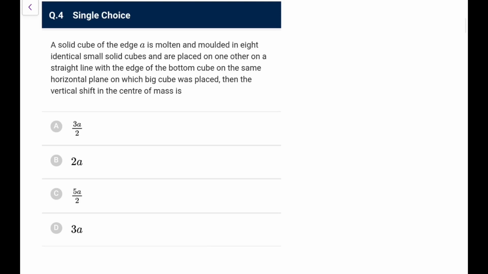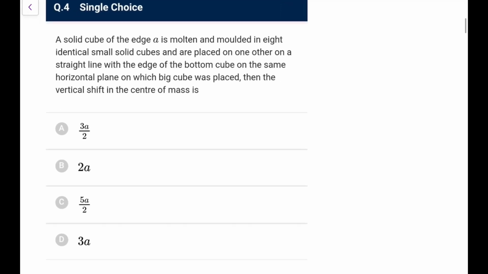A solid cube of edge A is molten and molded into 8 identical small solid cubes. If it is drawn into 8, the volume becomes 1/8, so the edge length, if it was A, becomes A/2, that you know. And they are placed on one another in a straight line with the edge of the bottom cube on the same horizontal plane on which the big cube was placed, then the vertical shift in the CM will be.